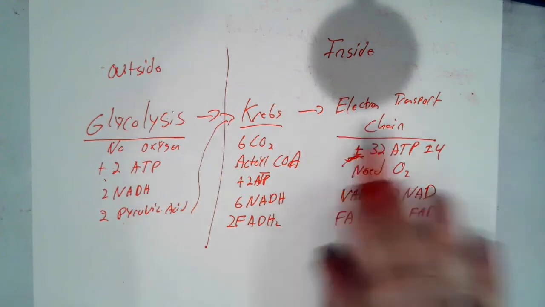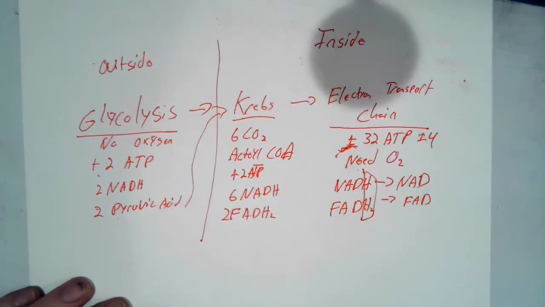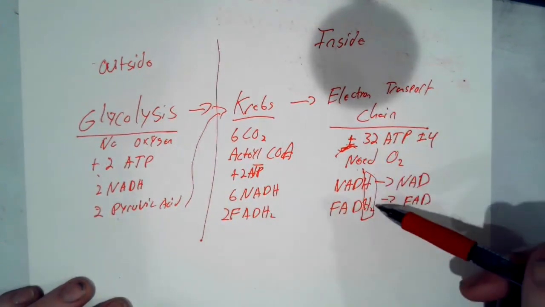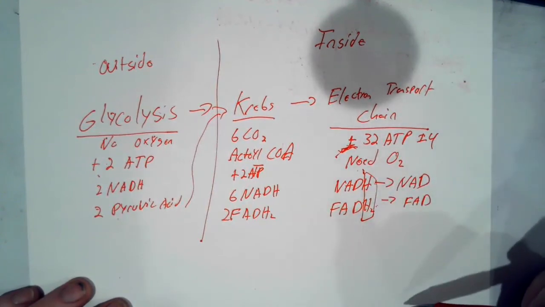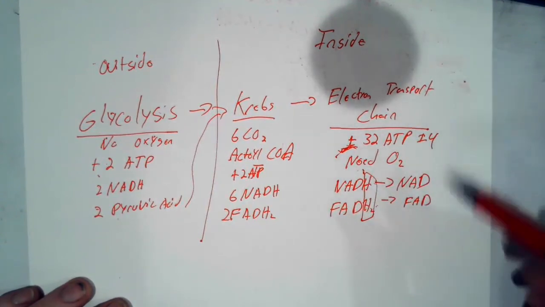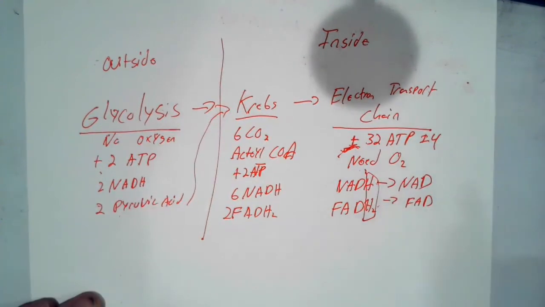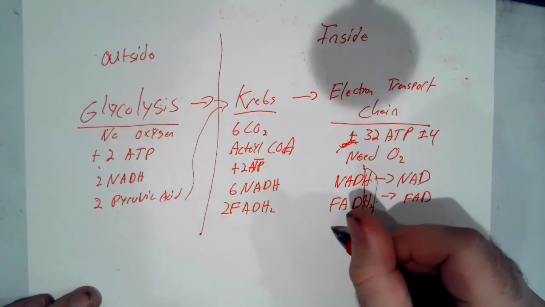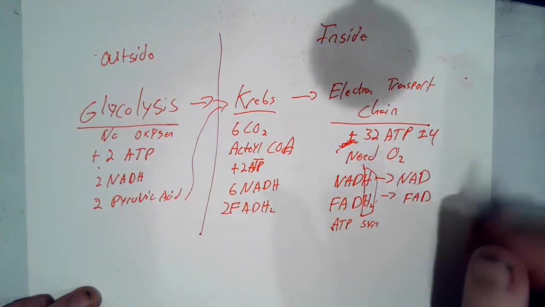So basically, in the electron transport chain, we get rid of all of these hydrogen atoms, and all of those hydrogen atoms are going to be, rather electrons, are going to be pumped into the inner workings of the membrane in the mitochondria, and they're finally going to go through an enzyme we call ATP synthase.